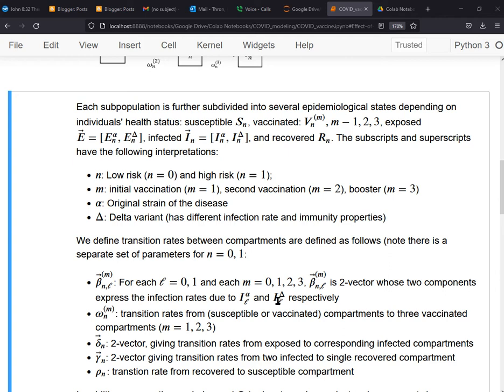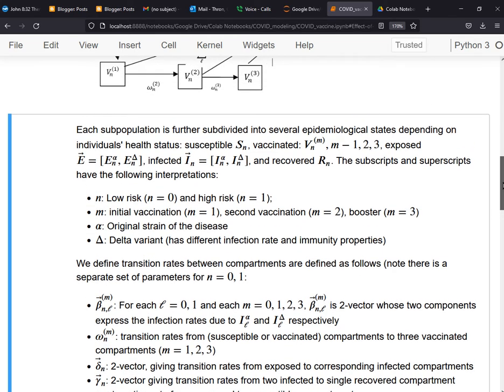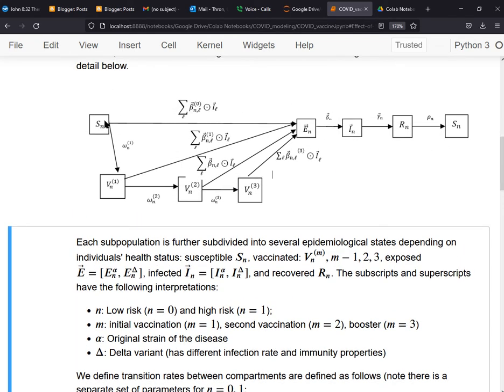Notice that any low risk individual can be infected by low or high risk individuals. So that's why for N equals 0, for instance, we need infection from low risk and infection from high-risk individuals. Also notice that a low-risk individual could be infected either with alpha variant or delta variant. That's why we need beta to be a 2-vector, because when you transition from, say, S, you transition into this vector compartment.